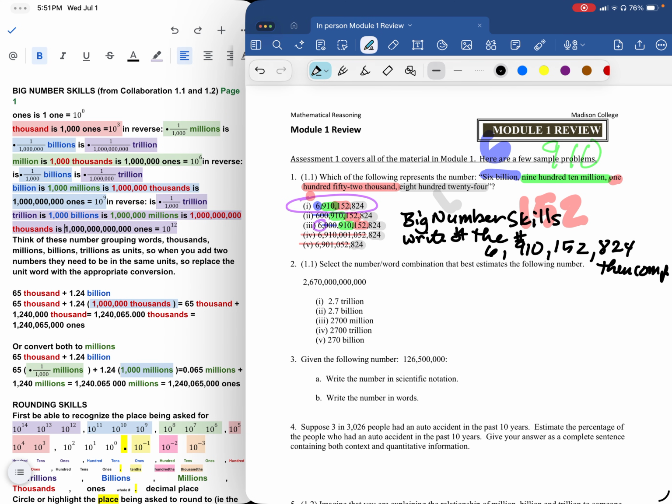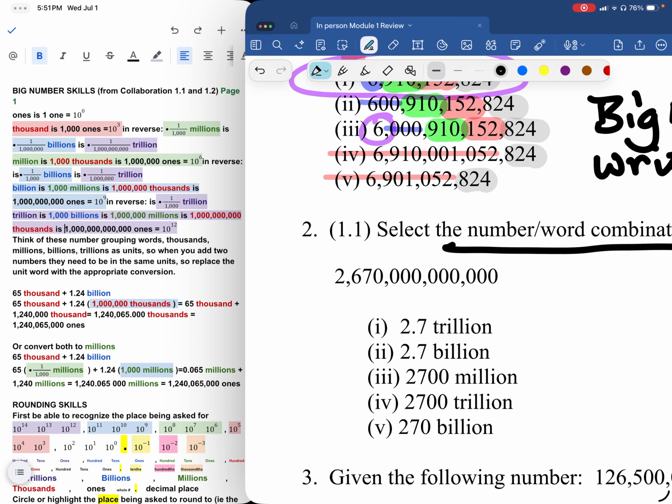Question 2. Select the number, word combination that best estimates the following number. So again, I'm going to go with figuring out what is this number. So I have my ones digits, my thousands, that's supposed to be red, my millions digit, my billions digit, and my trillions digit.